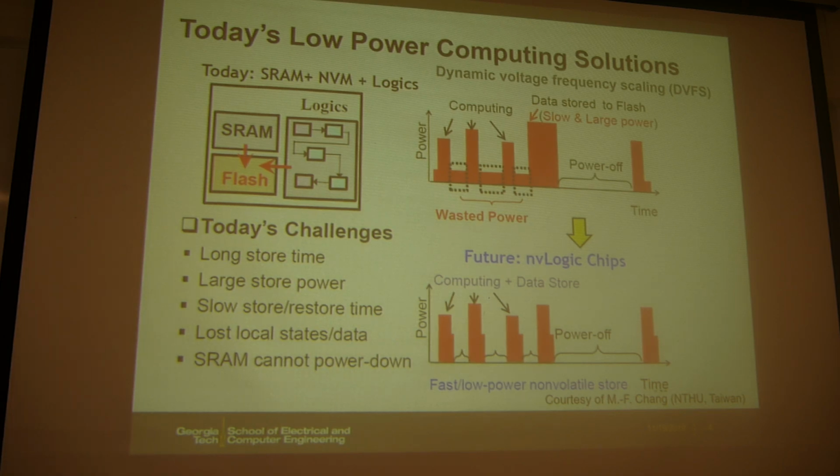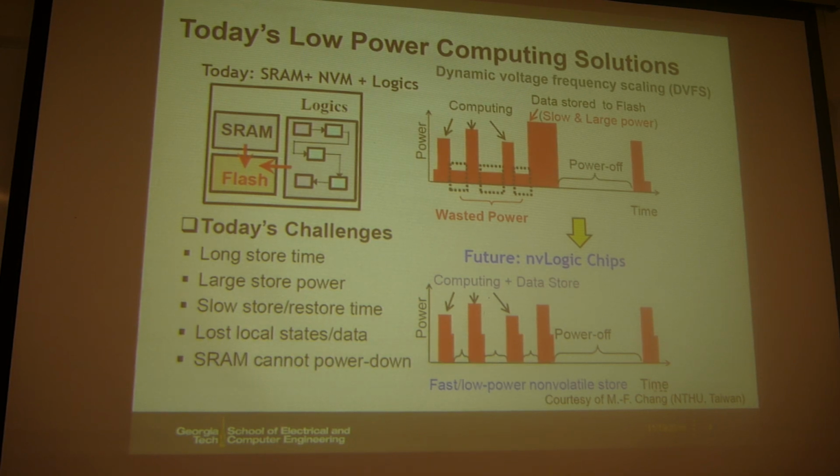And then your intermediate data in the logic, or let's say your data in the SRAM cache, can be locally stored into the non-volatile memory close by, which saves the leakage power because you can totally power down the chip. And you can do this very frequently, because we can power off and on, so-called instantly. That means you take very short time to do this, hopefully. So this is the key idea.